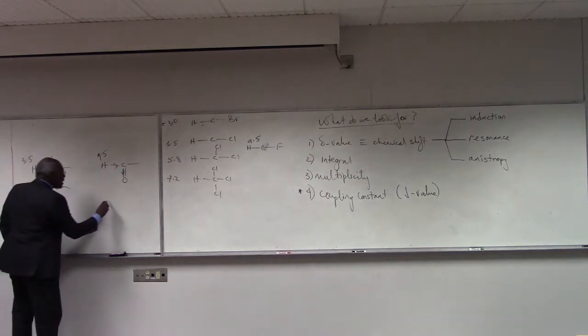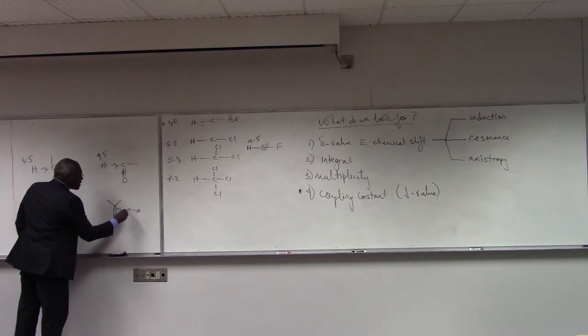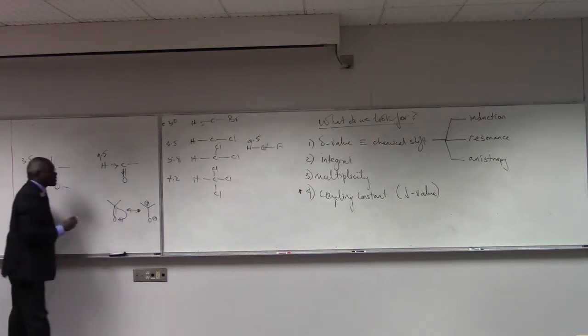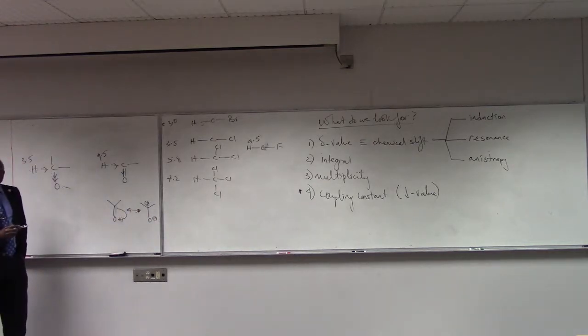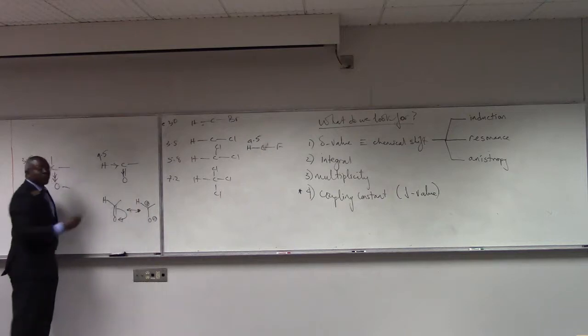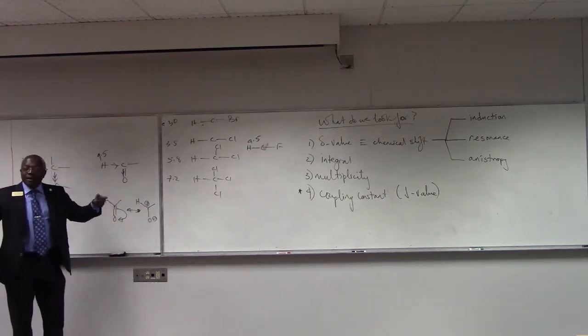But carbonyl compounds, as you well know, can be represented by a resonance form in which there is a negative charge on the O and a positive charge on the carbon. Which means then that this H of an aldehyde in that resonance form is actually next to a carbocationic carbon, right?